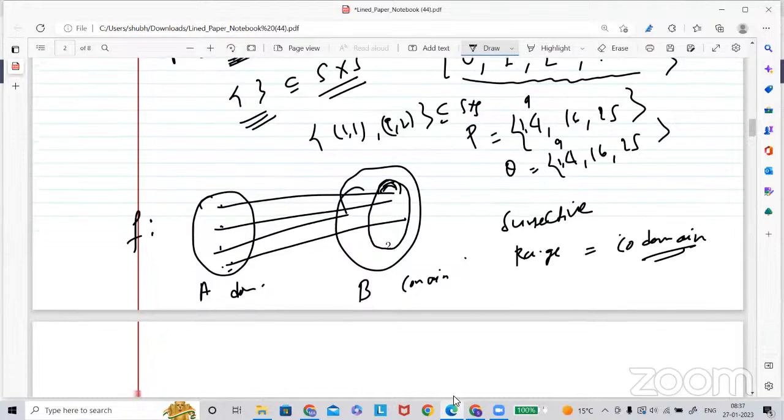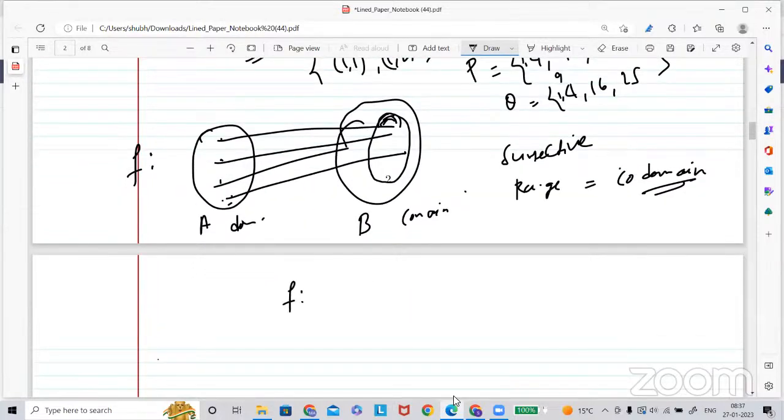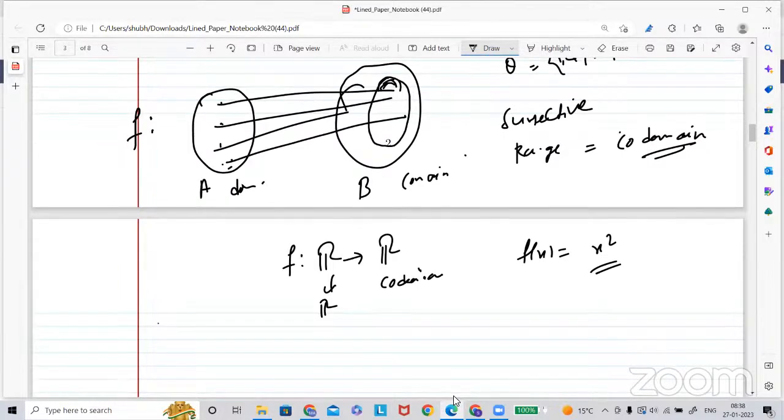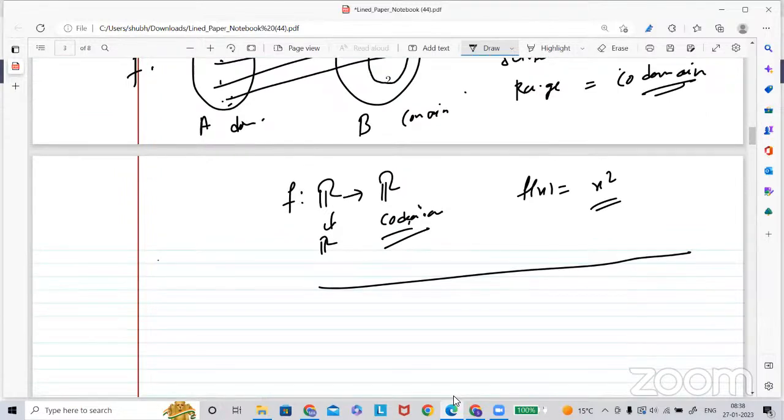Let me tell you with an example. Suppose your f is from R to R, so the domain is R and the codomain is R also. I define f(x) equals x squared. The codomain here is the whole of R, but f(x) is giving only positive values, including 0. On the real line you are getting only this portion.